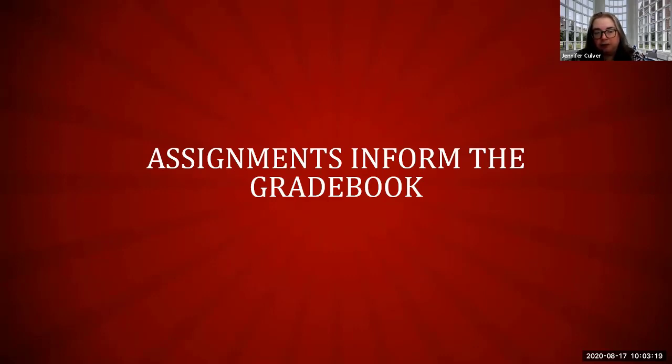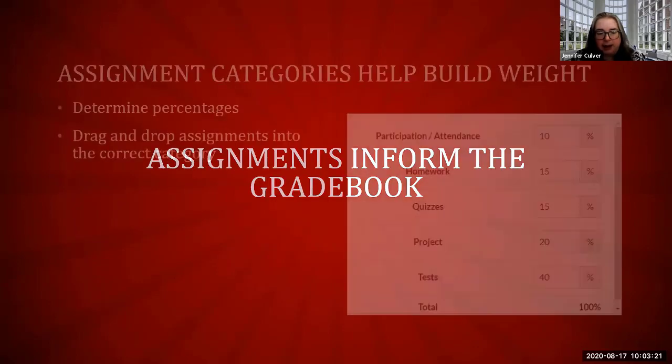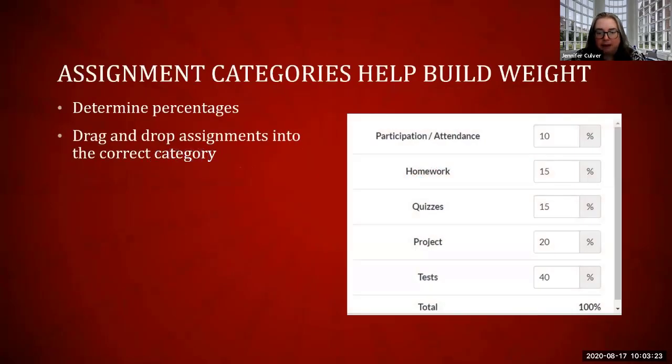And we do that from the assignments page by adding categories. Categories are groups of assignments that we can put together and tell Canvas how much weight they should have in the overall course. And then we can drag and drop our assignments into these categories so that as we're grading all of these different pieces, Canvas is keeping track of how much they count overall towards the grade.